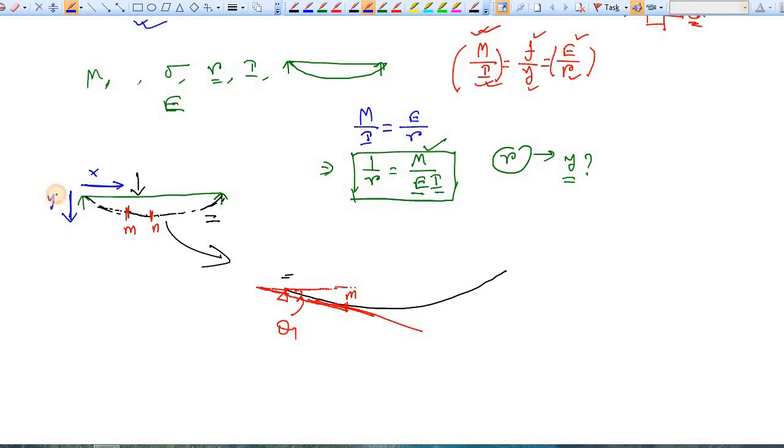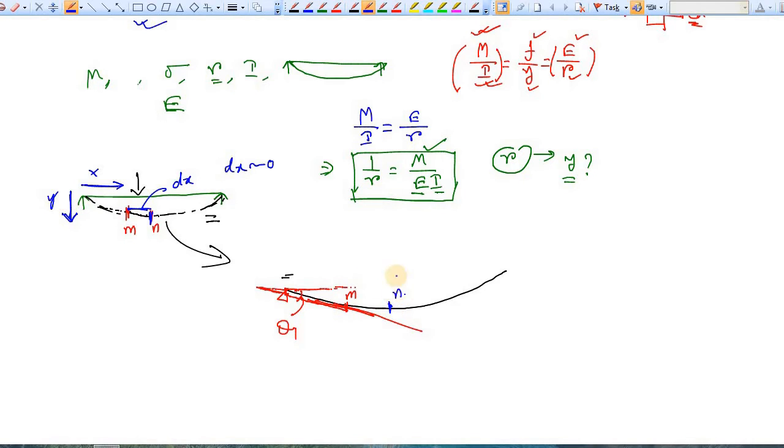Because in normal cases after applying load the deflection will occur downward, that's why we will take y as positive in this direction. Clear? So we are taking this section n at a very infinitesimal distance, that is dx, and dx tends to 0. Okay, so this is n.